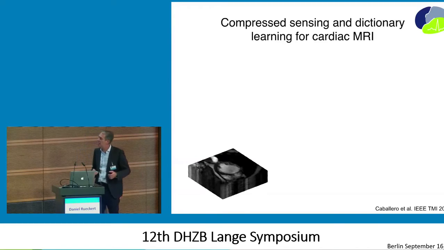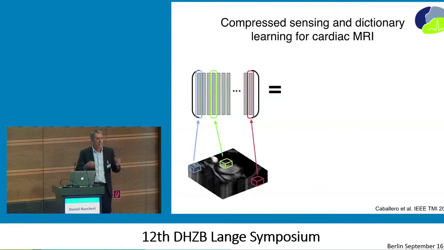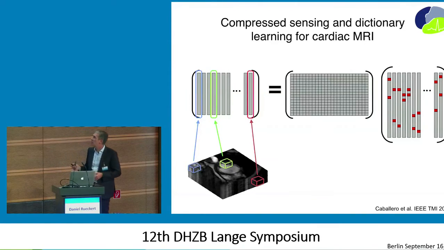And the idea is we take our dynamic sequence of MR images, which is visualized here as a 3D stack. We extract blocks of data from this image, which we can stack into long vectors in a big matrix. So this is a very big matrix. And then we start decomposing the matrix into two components. One is what we call a dictionary, and I'm going to show you an example of this dictionary in a moment.